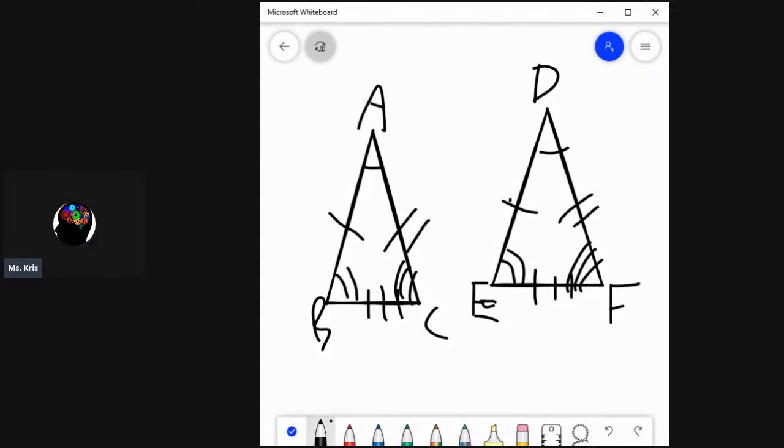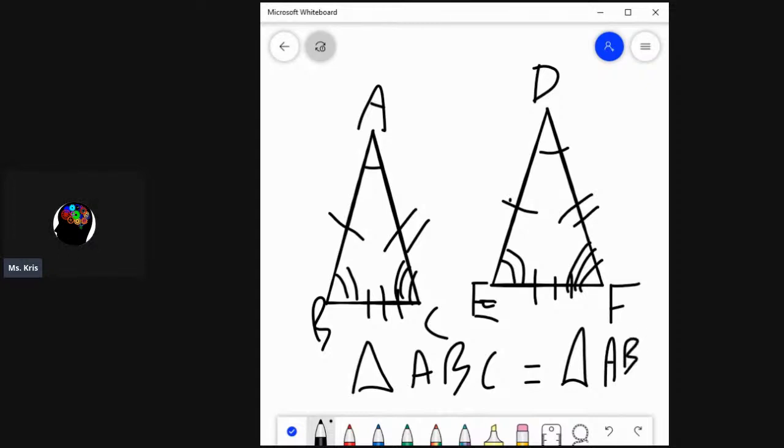So you'll have reflexive property of congruency, you'll have symmetric property of congruency, and you'll have transitive property of congruency. So simply meaning, if you have triangle ABC, then triangle ABC equals itself, reflexive.